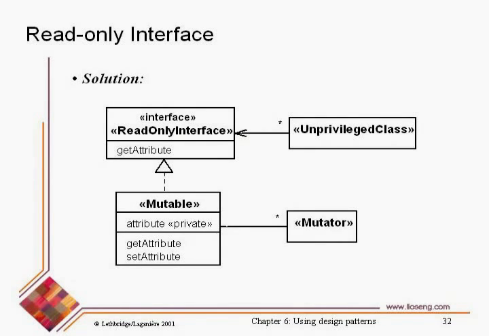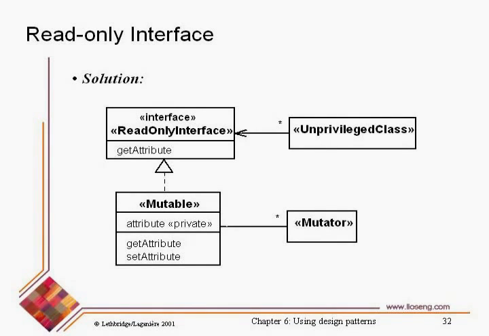And it's got some operations, set and get. These set and get operations will allow you, the set operation in particular, to make changes to this attribute. So it's mutable. It's not an immutable object.